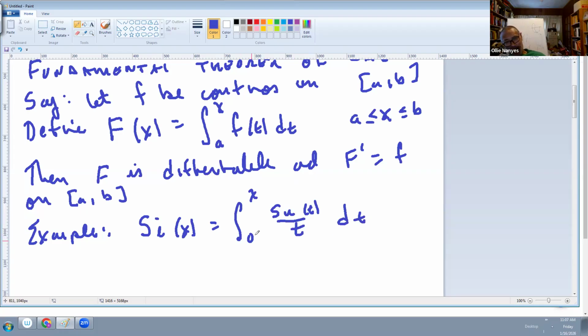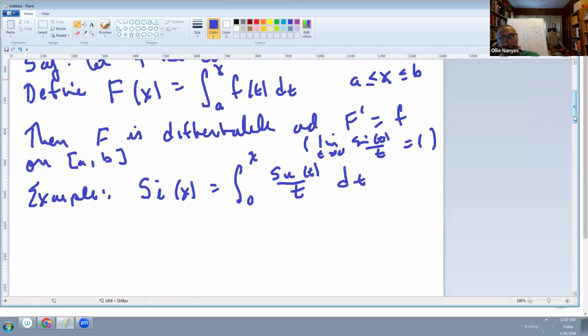Now, if you're wondering how I can define this integral when technically speaking you can't divide by 0, you might recall that the limit as t goes to 0 of sine t over t is 1. So that actually makes this integral work. I know technically it's an improper integral, but not really.